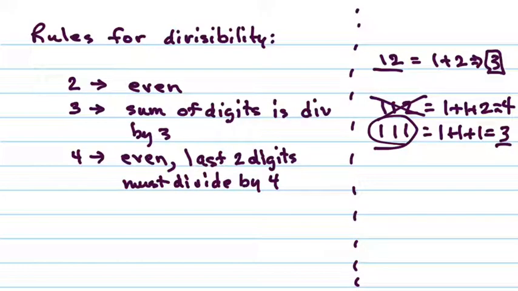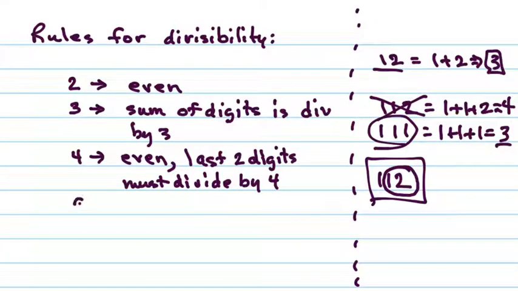We're just looking at the last 2 digits. So look at this number, 112. Is 112 an even number? Yes. And what are the last 2 digits? They make the number 12. Will 12 divide by 4? Yes. Then so will that whole number. You're just looking at 2 digits because 4 is 2 2s, right?